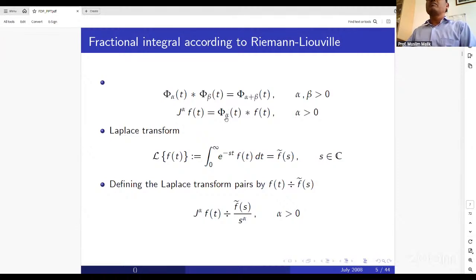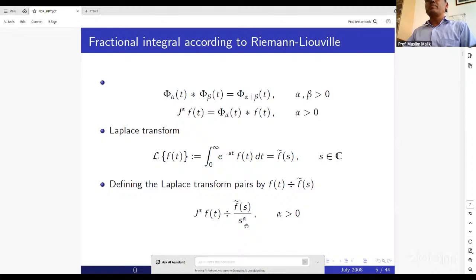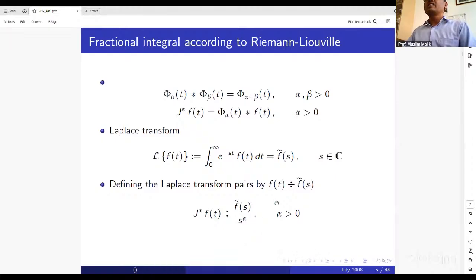The Laplace transform of phi alpha t is 1 upon s to the power alpha, and f tilde of s is the Laplace transform of f of t. In this way, the Laplace transform of J alpha f of t is given by this equation.